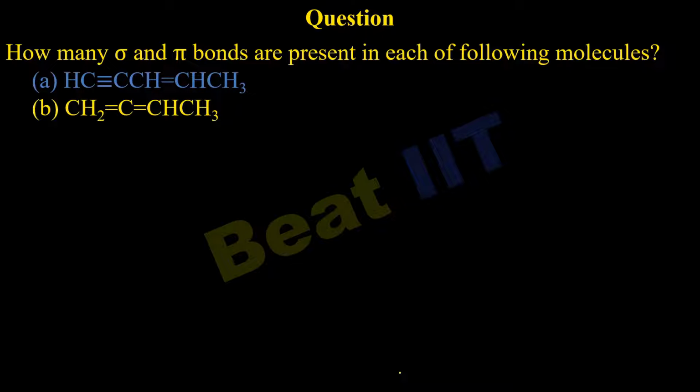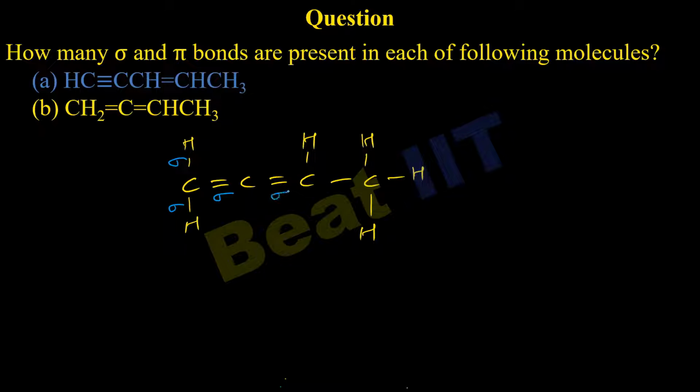Next, again expand it. So CH2 double bond C double bond CH CH3. Here again we will count the sigma bonds: 1, 2, 3, 4, 5, 6, 7, 8, 9. So sigma bonds total 9.